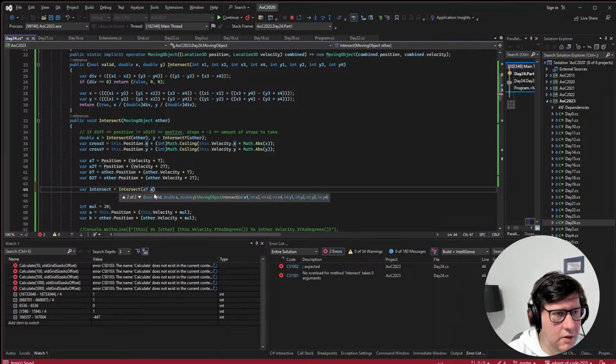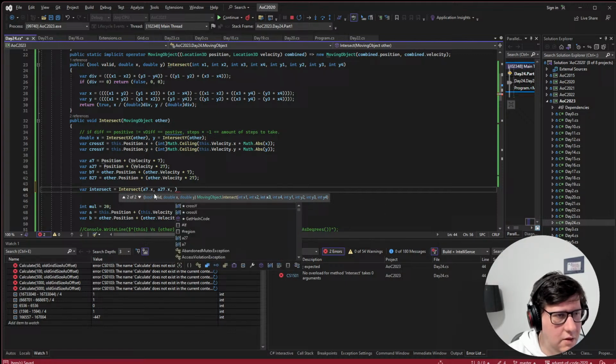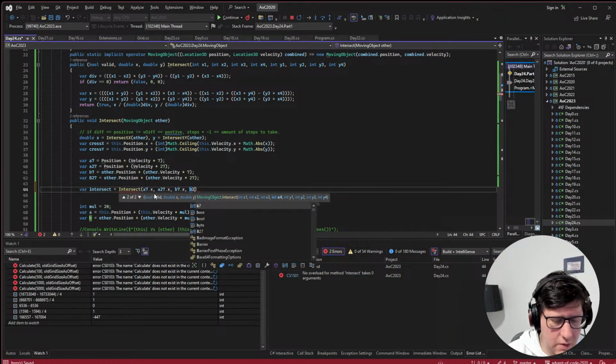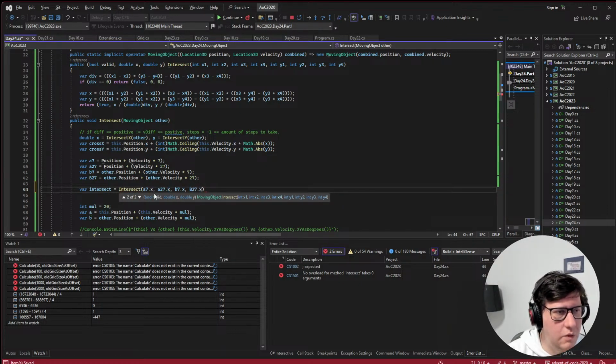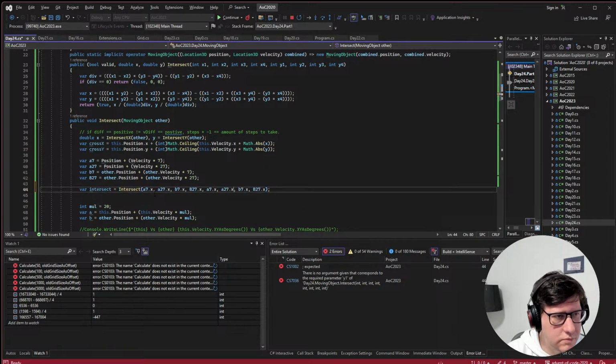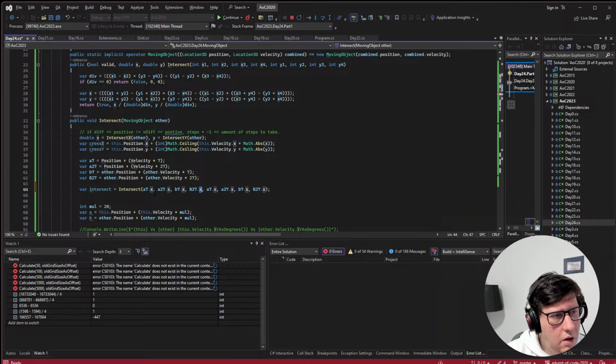So a7.x, a27.x, then b7.x followed by b27.x, and then we get the same for y for these pairs. So this is y, y, y, y.